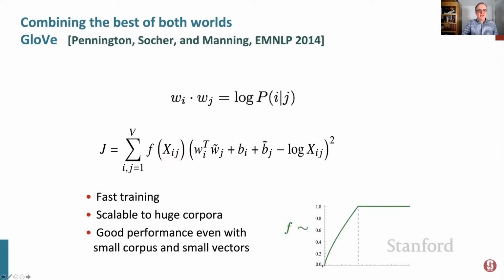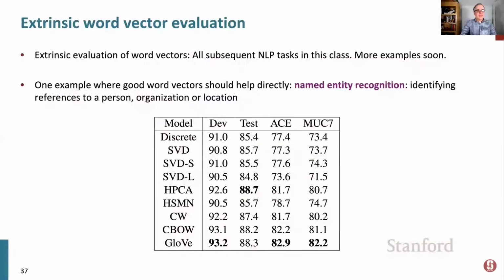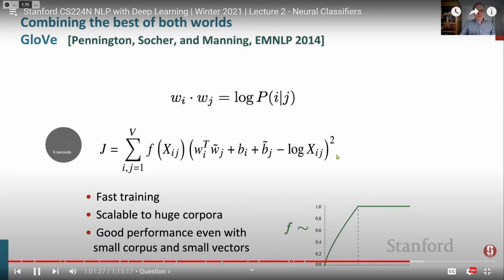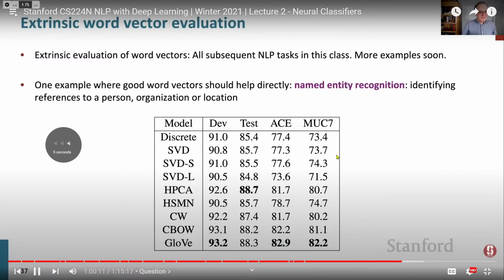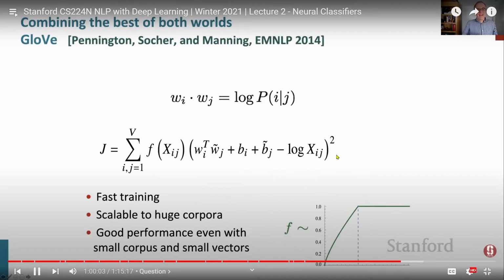And so effectively, you paid more attention to words that co-occurred together up until a certain point, and then the curve just went flat. So it didn't matter if it was an extremely, extremely common word. So this last term can model that.